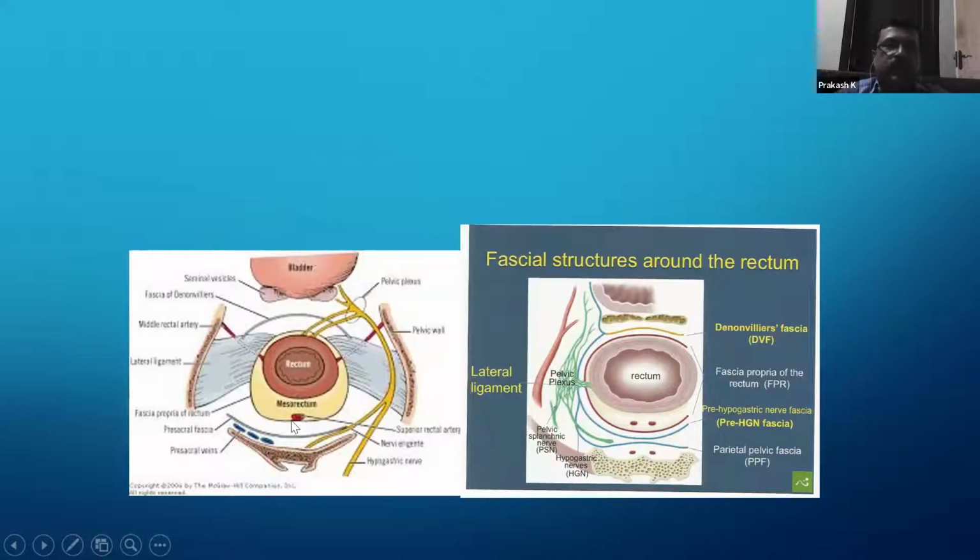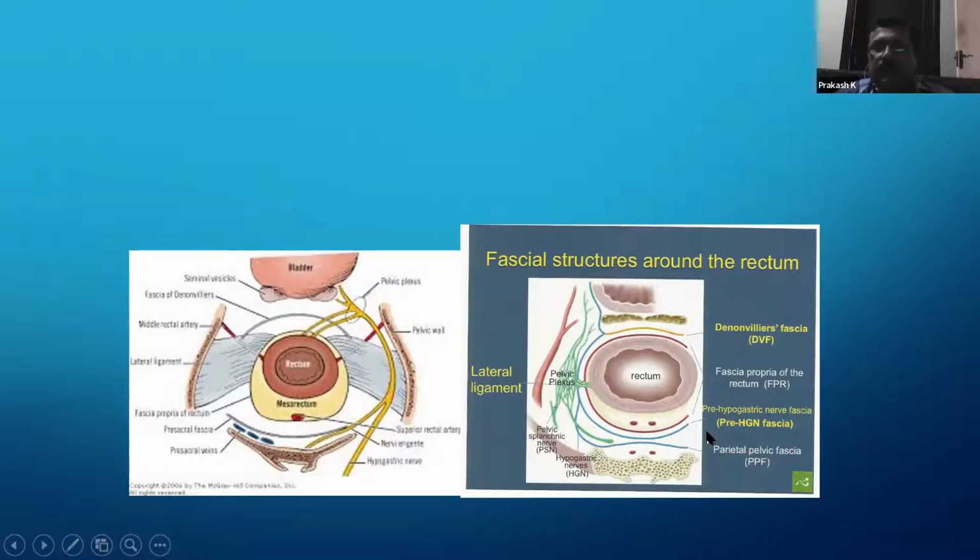So while you do the circumferential resection, your resection margin is here, and you are supposed to divide the rectal branches here, not here. Particularly in a young male patient, if you divide here, he'll develop a lower motor neuron type of neurogenic injury. He'll develop impotence and probably bladder dysfunction.